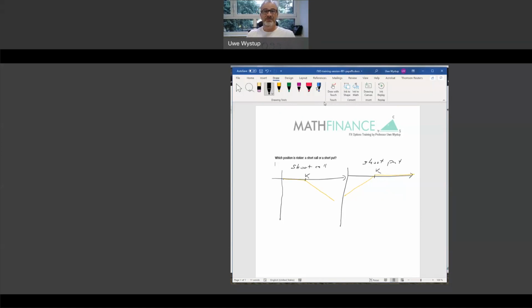Most people are going to say, and that's pretty clear, you've got your payoff for a short put hitting the y-axis at minus K, whereas for the call this goes to negative infinity. So the riskier position is actually the short call. So let's put a tick mark here and we can all go home.